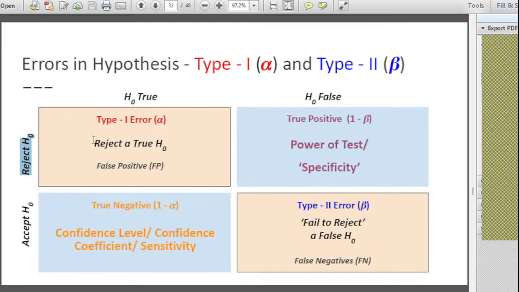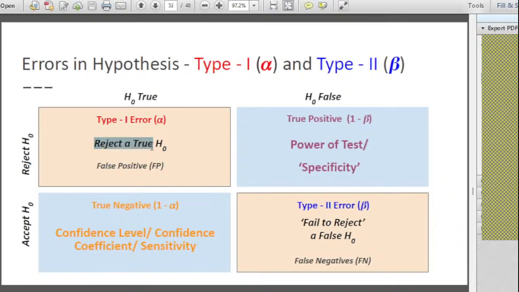I made a type 1 error and this is called alpha. Type 1 error and alpha are standard statistical terms. So type 1 error or alpha is rejecting a true null hypothesis.